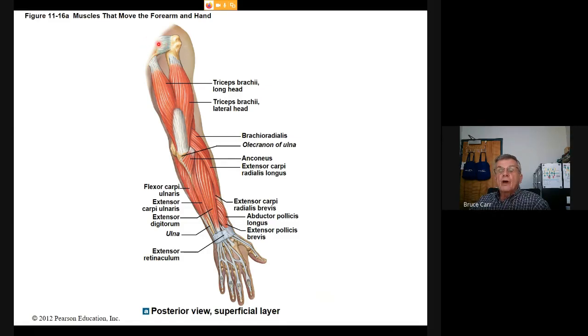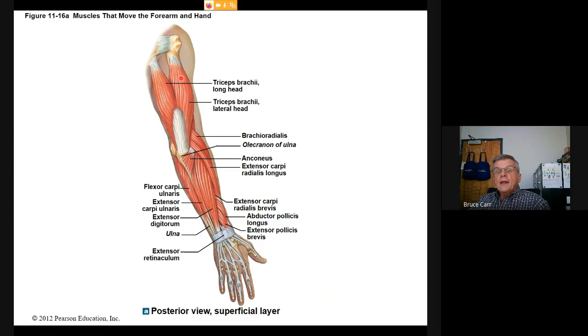The triceps brachii cannot be fully appreciated from this shot because the long head of the triceps crosses over and attaches to the scapula. The lateral head attaches here high on the humerus. These are two of the three origins.